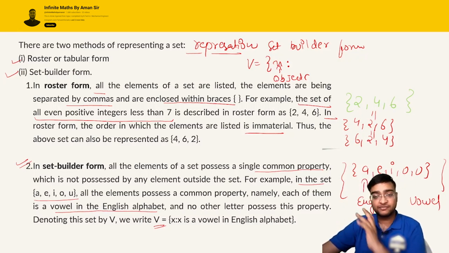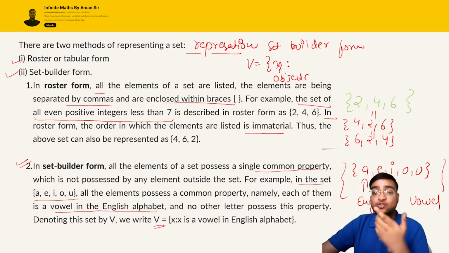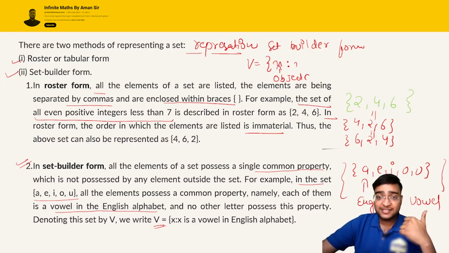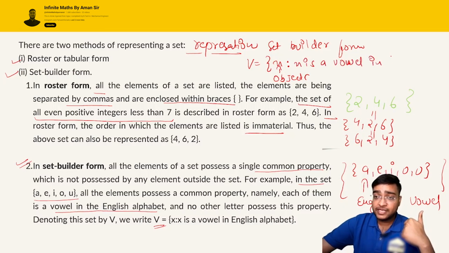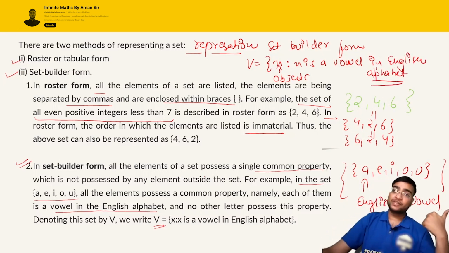After the colon, we give the common property. So this is the representation of set builder form. Okay sir, that is very cool.